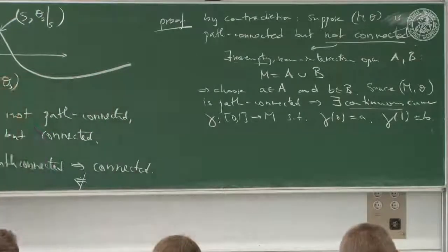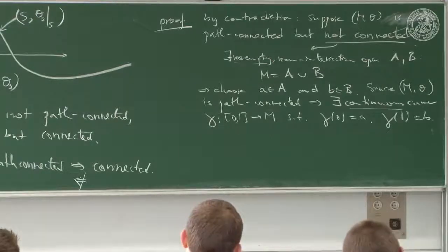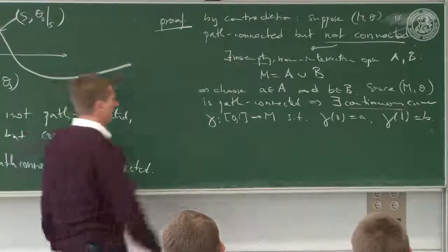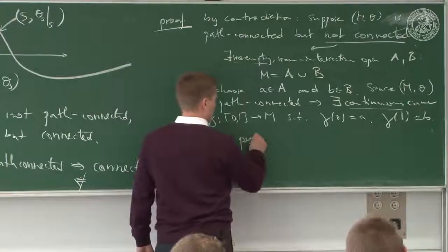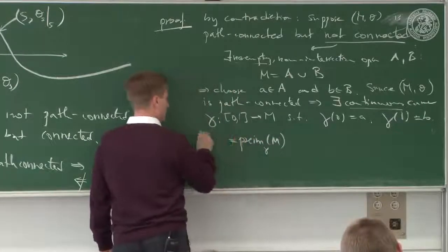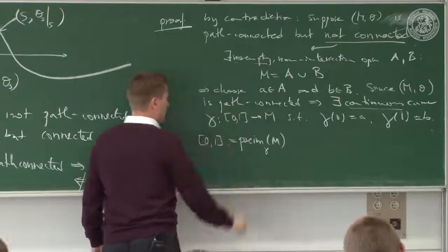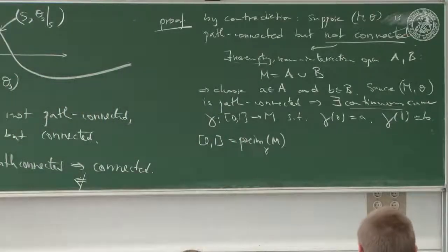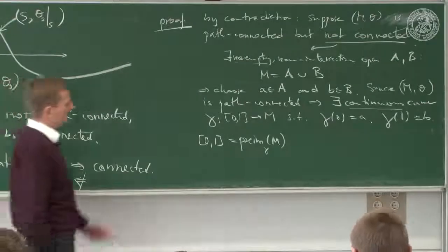Now we can actually look at the pre-image of M under gamma. Well, that must be the whole domain of gamma, the range over which the parameter runs.